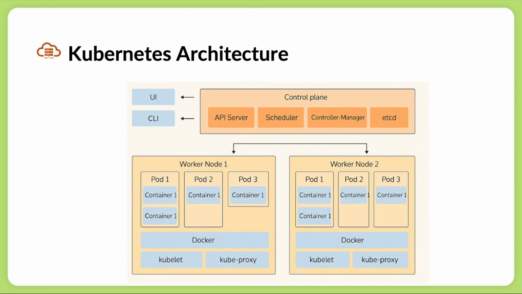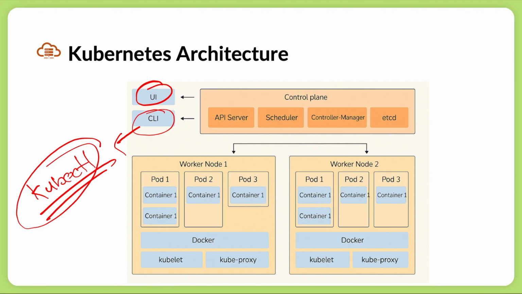Now how do we send requests to Kubernetes? We have two ways: one is the UI, another is the CLI. In this section, we are going to mostly focus on the CLI. For that, we need a CLI tool. Kubernetes gives a tool called kubectl.